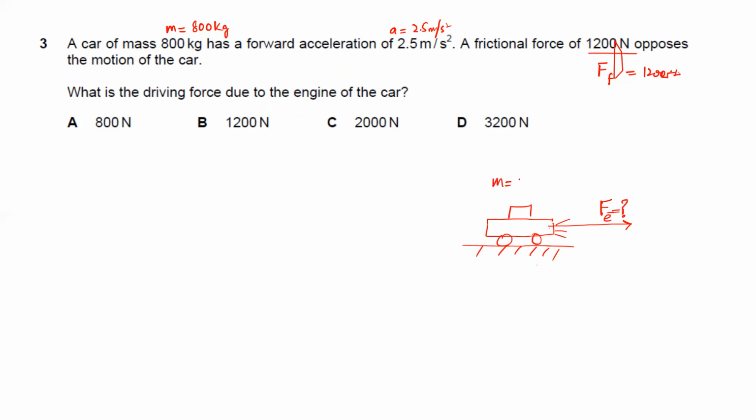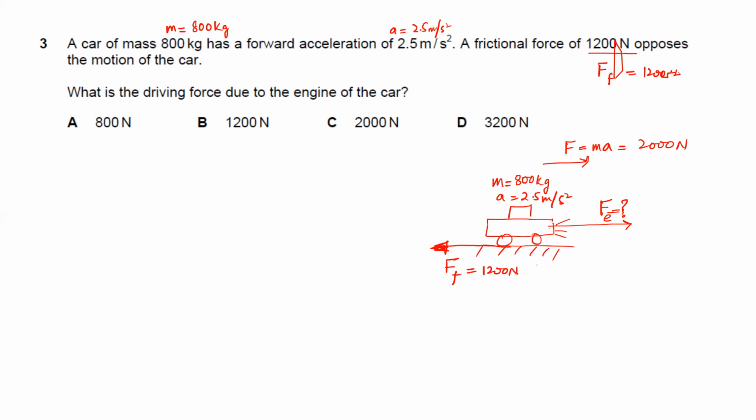The mass is 800 kg and it is accelerating at 2.5 meters per second squared. So technically, a force is acting in this direction. This is MA, and multiplying 800 by 2.5, we get 2000 newtons. And the frictional force is acting in this direction. This is FF, and this is 1200 newtons.